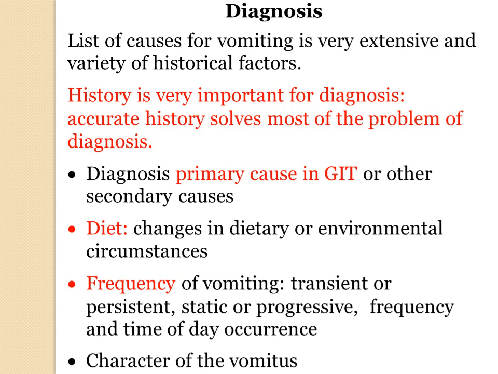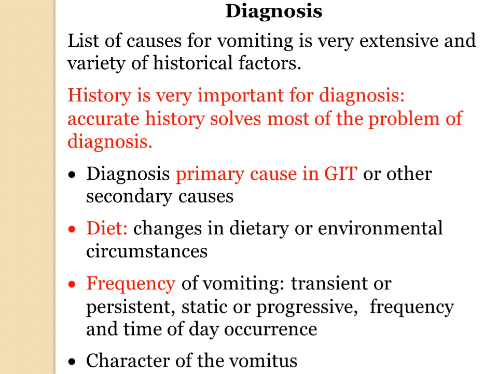Now, in this diagnosis, history is very important because when the animal is presented at the clinic, mostly it may not show the symptom of vomiting. So, our diagnosis is mostly based on history.